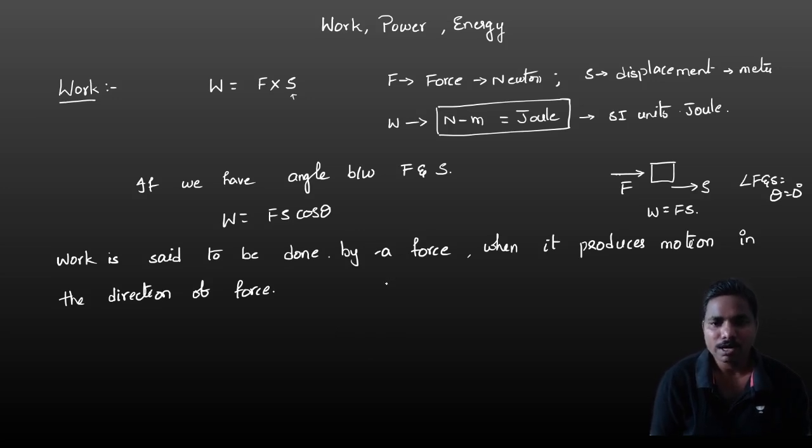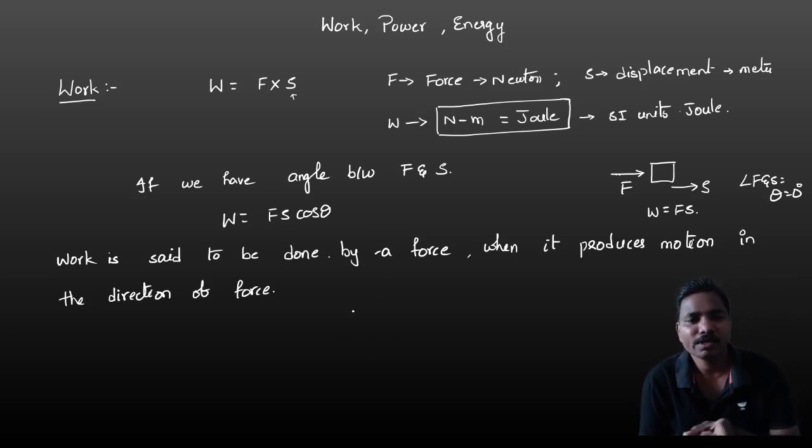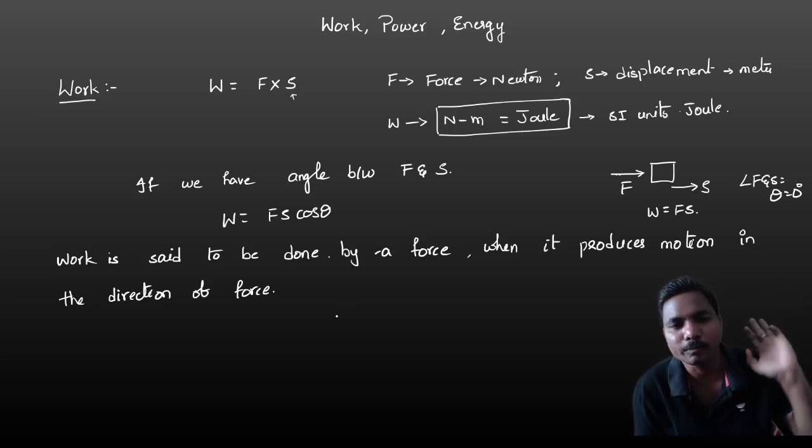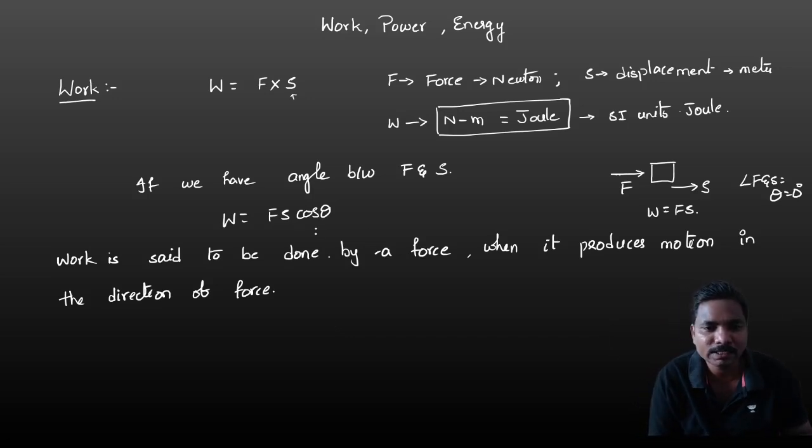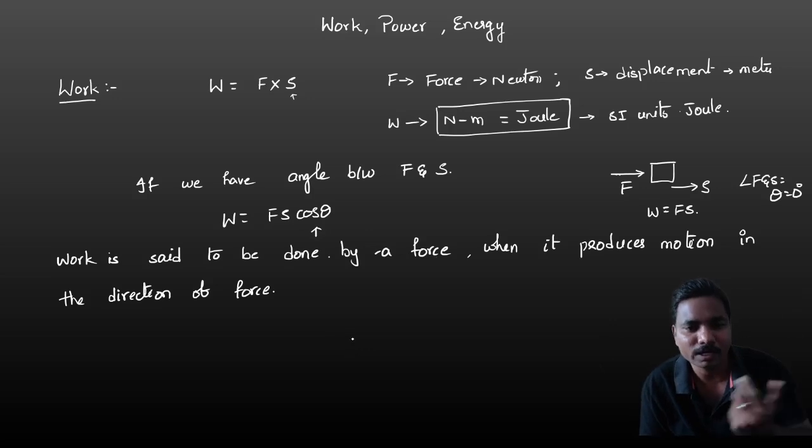According to physics, only when there is a force and displacement is work said to be done. If displacement is equal to 0, work done is 0. If the force is 0, work done is 0. If cos theta is 0, then also work done is 0.